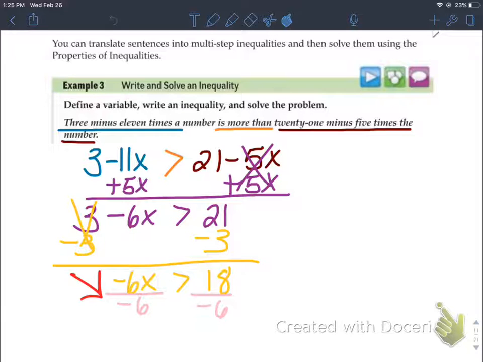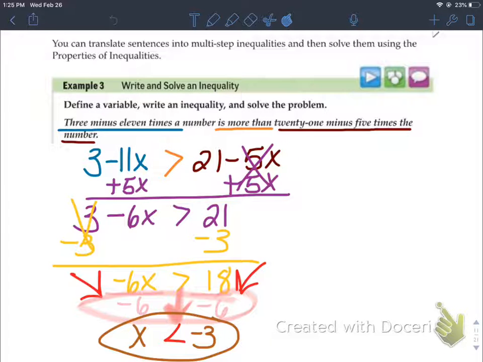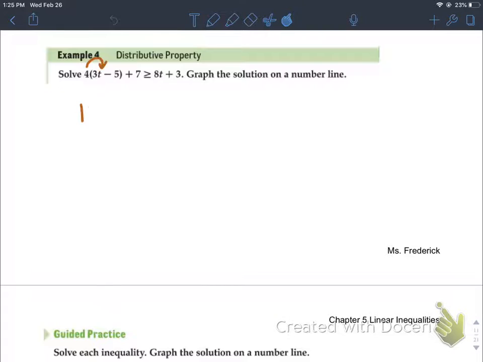Divide by negative 6. Again, I drew in those red arrows so I can remember that I'm dividing by a negative, so I need to immediately flip the sign. And then I will get x is less than negative 3. Go ahead and try the example on your own, the You Try, and we will go over that in class.